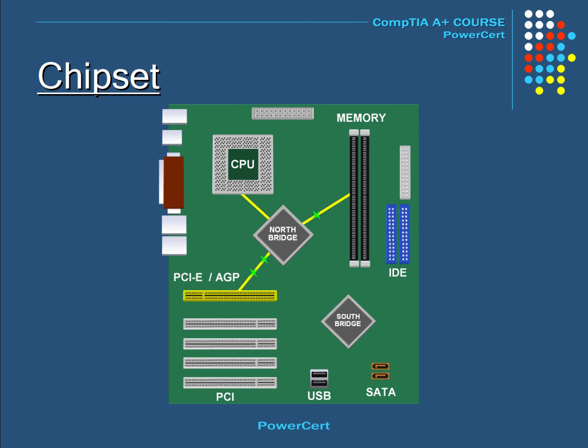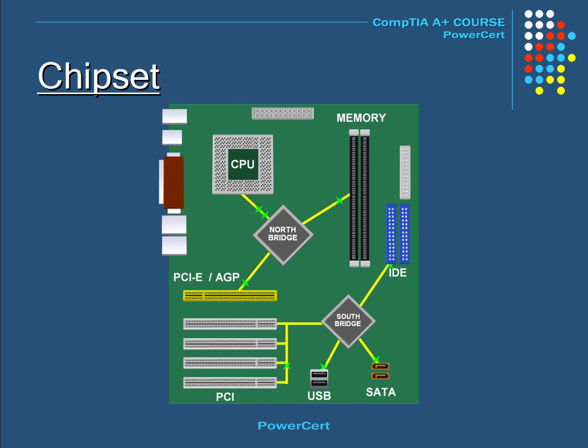The other chip is called the South Bridge, and the South Bridge is located at the bottom or southern portion of the motherboard, near the PCI bus slots. The South Bridge connects to the PCI bus slots, SATA and IDE connectors, and USB ports. So the South Bridge is responsible for the lower portion of the motherboard, while the North Bridge is responsible for the upper portion.